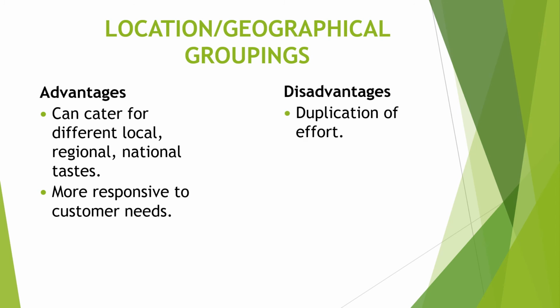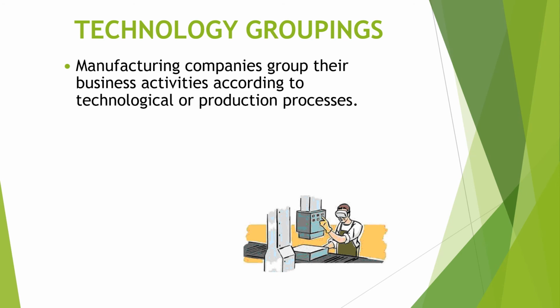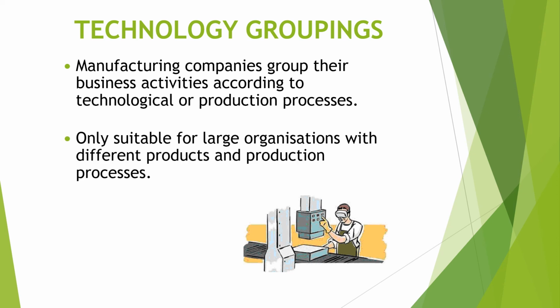However, once again, like all of these groupings, you will have a duplication of effort and staff costs because you've got all the same staff in the different branches throughout the world or throughout the country or whatever it happens to be. We're now moving on to a technological grouping, which is where your manufacturing companies tend to come in, and they are grouping their business activities according to the production process.